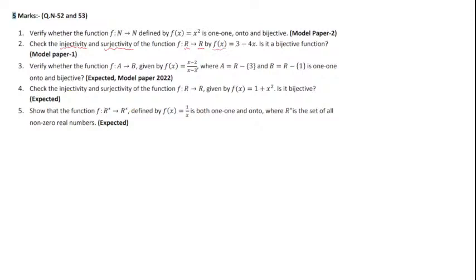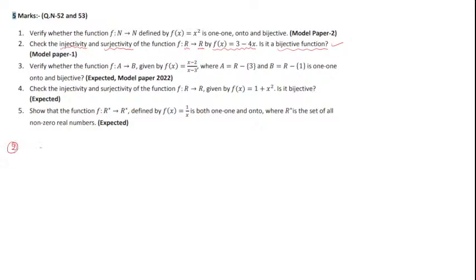So your function is given by f of x equal to 3 minus 4x. The question asks: is it a bijective function? Here you need to check the 1-1 and onto conditions for the given function. So we'll check as usual, like the previous question we did.